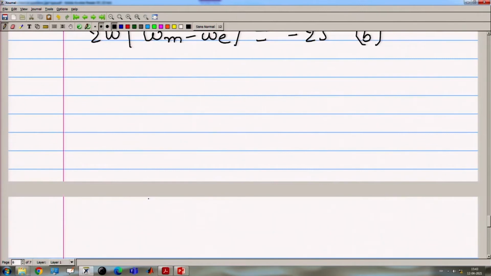So, here it is given. H is equal to u_x H naught e to the power minus j k z ampere per meter.